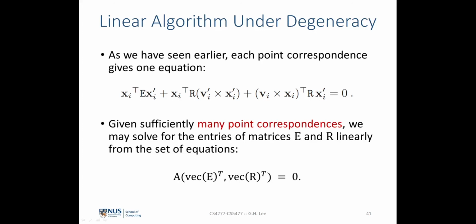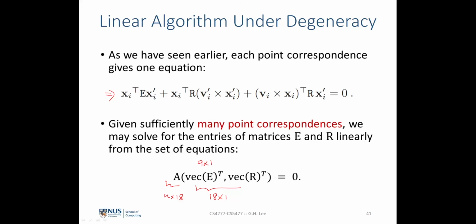So we know that for each point correspondence under the generalized epipolar constraint, this is the constraint that we will get from one particular point correspondence. And we have also seen that if we are given many point correspondences, we can stack these equations up into a homogeneous linear equation of this form, where A here is generally n by 18, and the vector is an 18 by 1 vector, where the first 9 by 1 entries would be formed by the unknowns from the essential matrix.